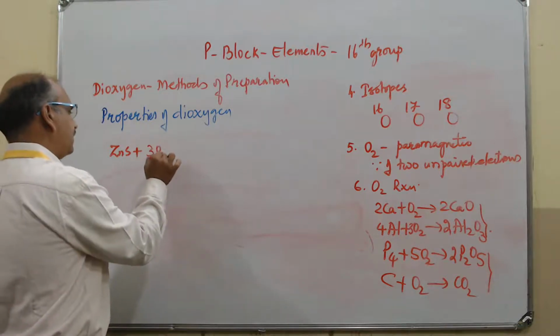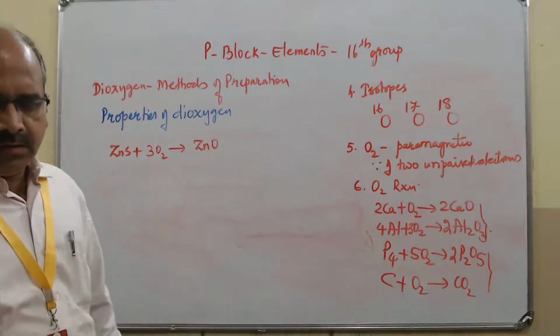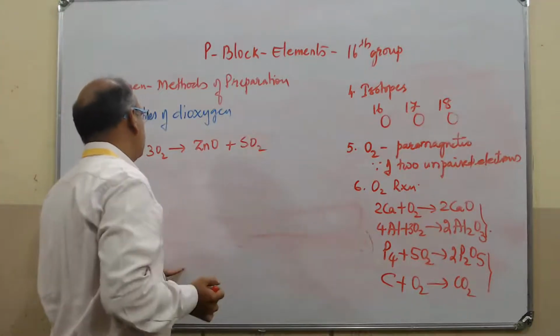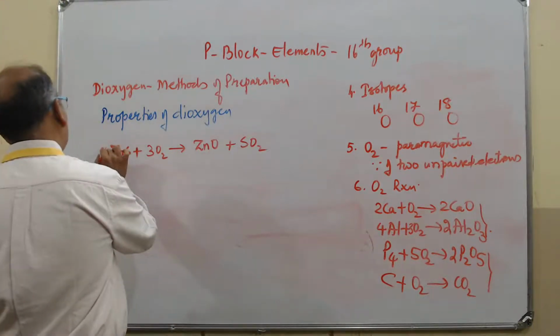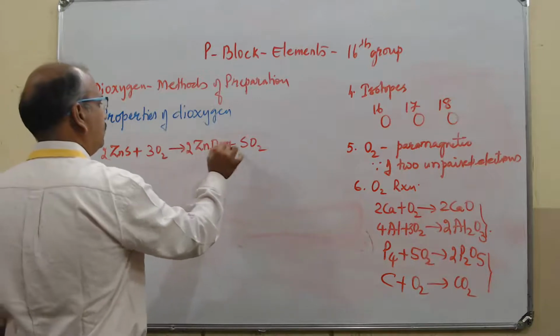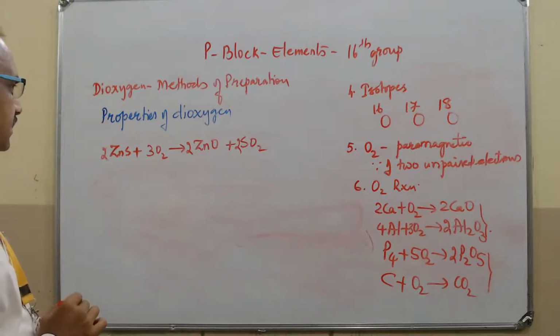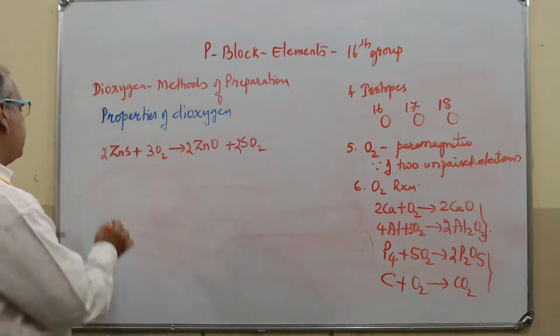Oxygen reacts with ZnS, zinc sulfide, to give ZnO, zinc oxide, plus SO2. To balance it, you have 2ZnS, 2ZnO, 2SO2, with 3O2. Yes, balance it.